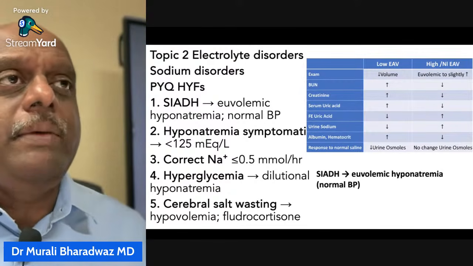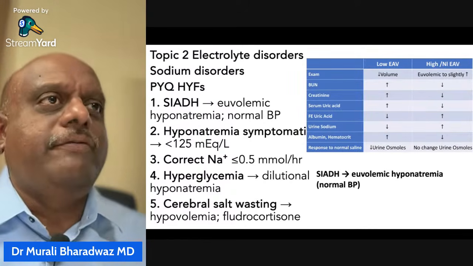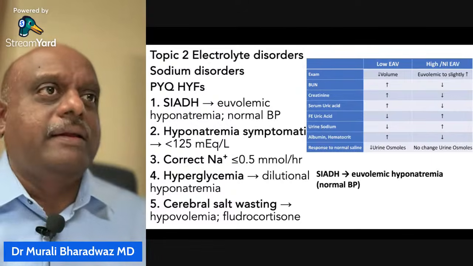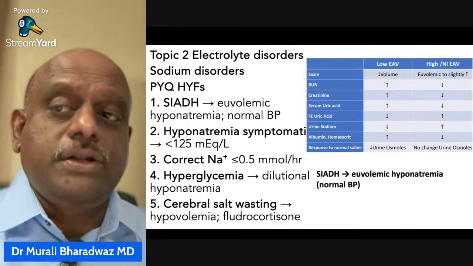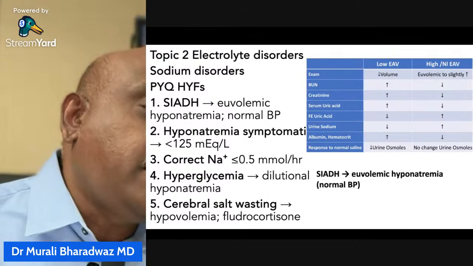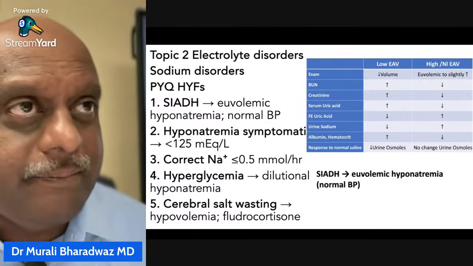When will hyponatremia lead to symptoms? Normally 135 to 145 is the sodium level. But if it is less than 125, then the patient becomes altered in sensorium. In some people in the acute state, even 130 will lead to symptoms of hyponatremia.